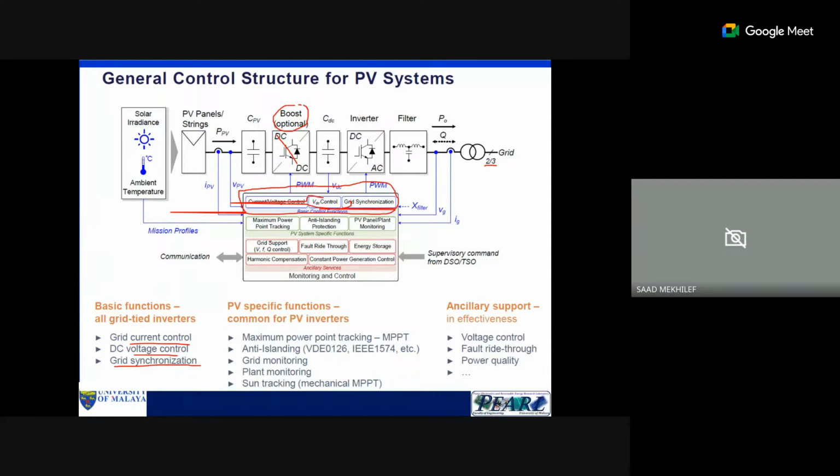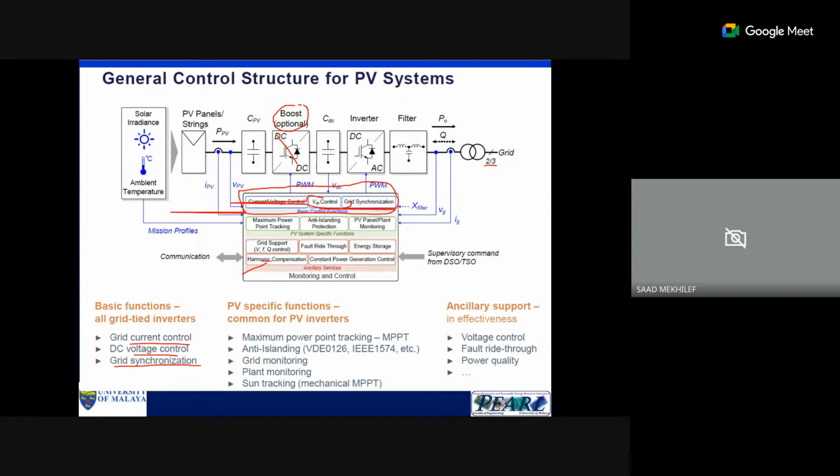We need to support the grid to stabilize the voltage, the frequency, and the reactive power. Also voltage fault ride through, and sometimes we may have energy storage systems that have to be part of the system.